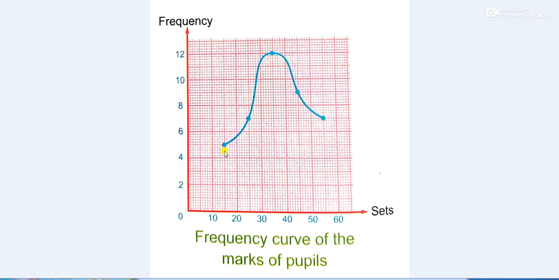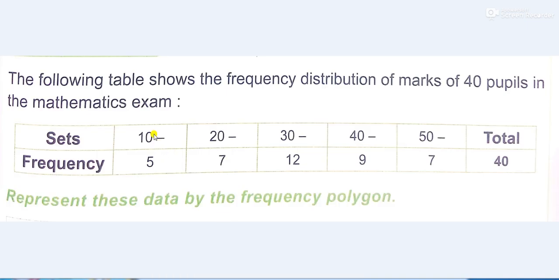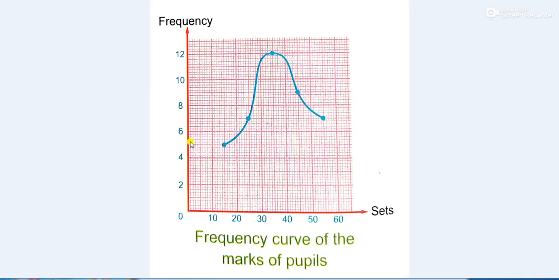Now put the points in the center of the sets. That means for the set 10 to 20, we want the center between it and the next set, which is 15. We can find it as 10 plus 20 divided by 2. 10 plus 20 equals 30, divided by 2 it will be 15. So the center is at 15.